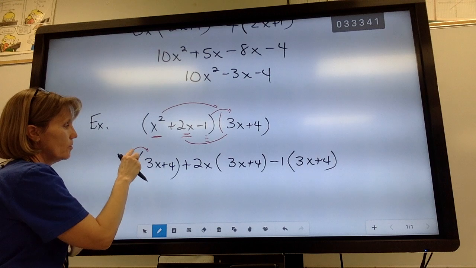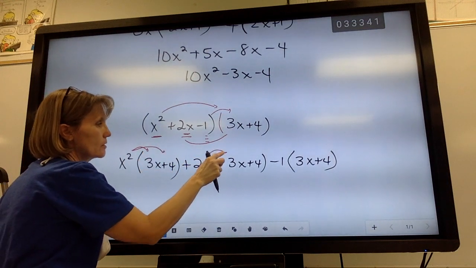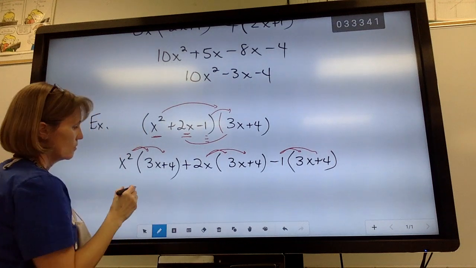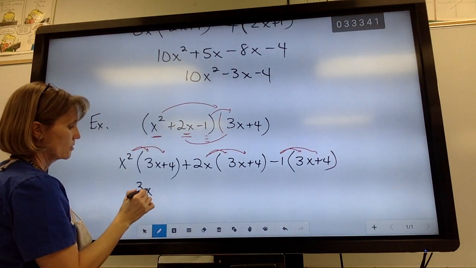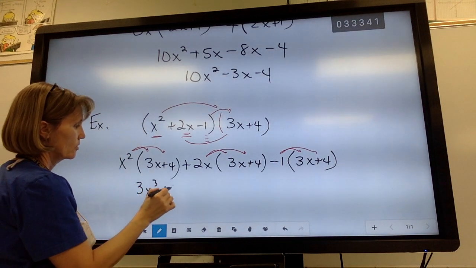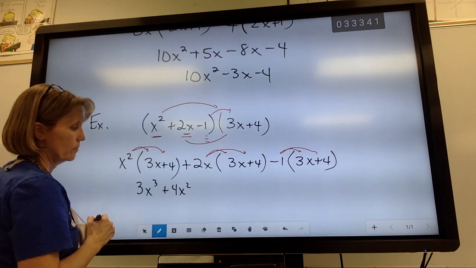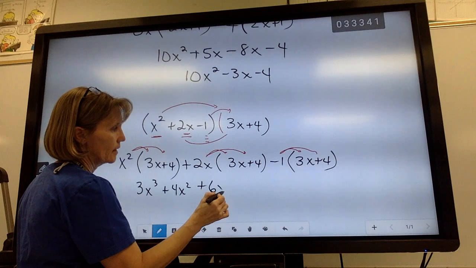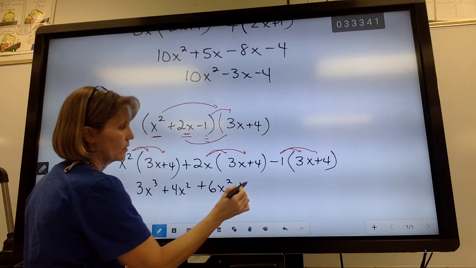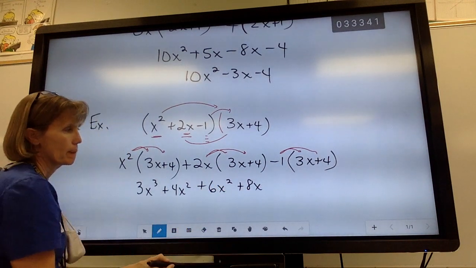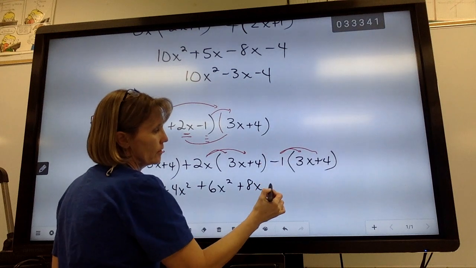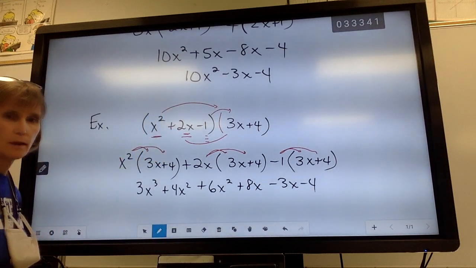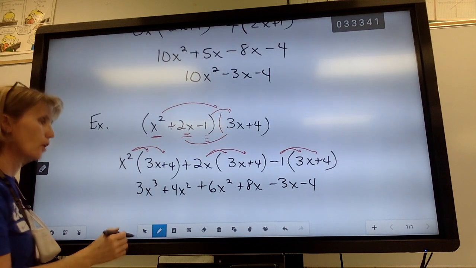Now we can distribute in all of these, like we did in the very first examples. So I would get a 3x to the third plus 4x squared. I distribute here, I would get a 6x to the second plus 8x. When I distribute here, I get a negative 3x minus 4. Before we're done, we've got to find all of our like terms.